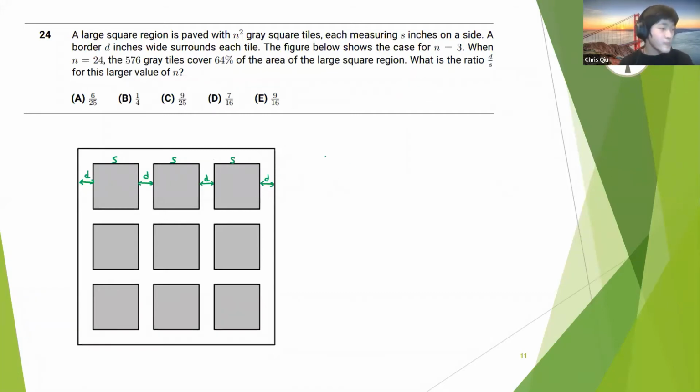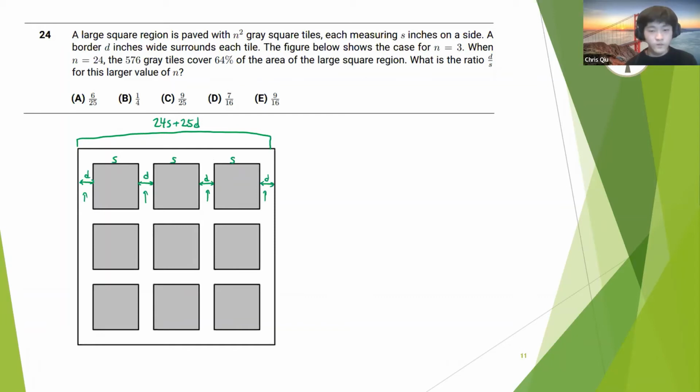If you imagine this total square region that goes through all 576 gray tiles, the total side length is going to be the length of 24 gray tiles, which is 24s, and then we have 25d.